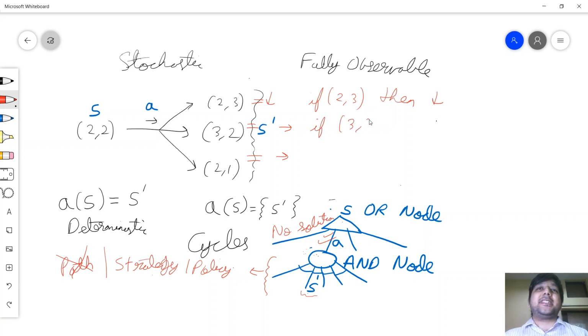If God selects 3,2, then I need to take a right. If God selects 2,1, then I need to take a right.